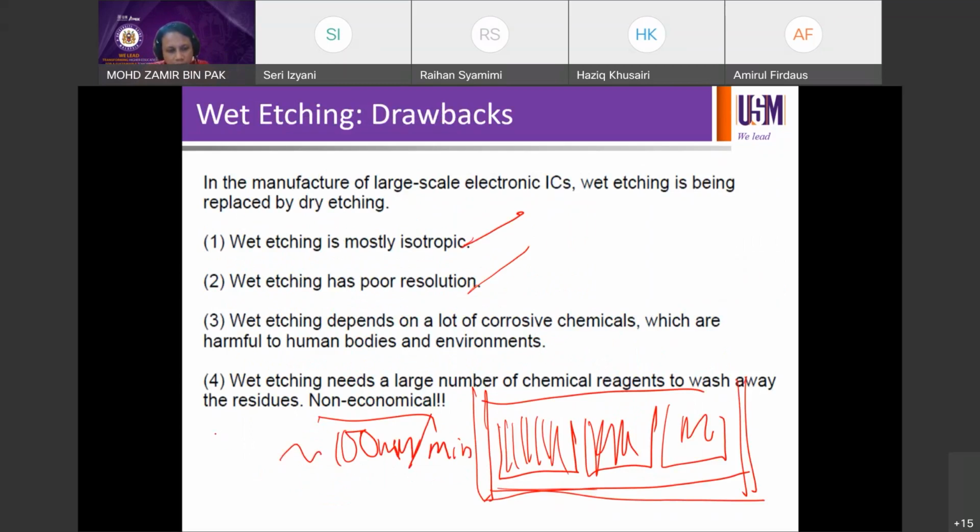This is your etch rate, R etch rate of silicon, for example. Then that means if you etch your silicon for 3 minutes, you should be removing 300, right? So you run 3 minutes, then you should be etching 300 nanometer. It's about 100 nanometer per minute, right? So 300 over 3 is still 100.